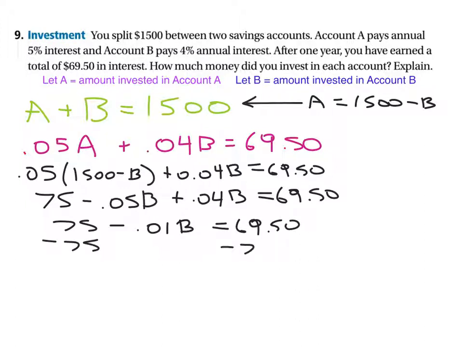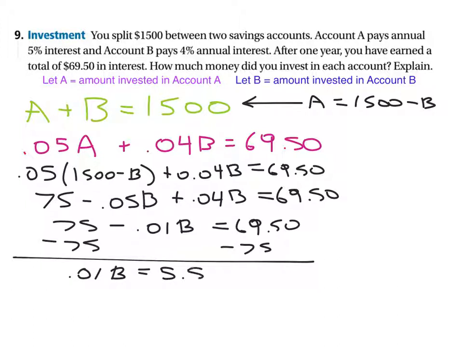If I subtract 75 from both sides, 0.01B equals, and I can do that math in my head: you need 0.5 to get to 70 and another 5 to get to 75, so that's 5.5. Since I have 0.01B, I can multiply both sides by 100, because 0.01 times 100 is just 1.